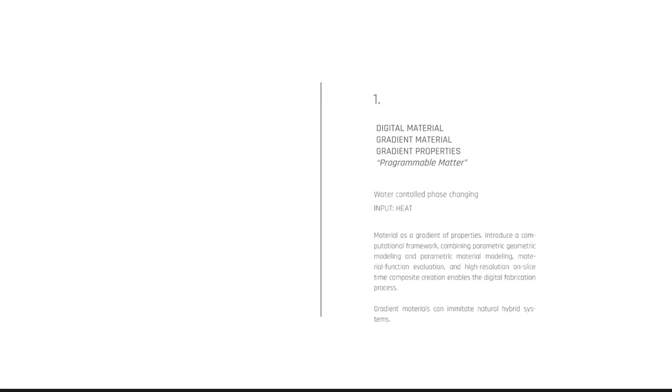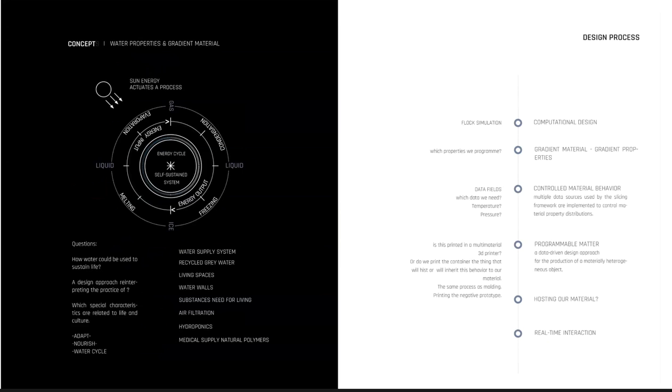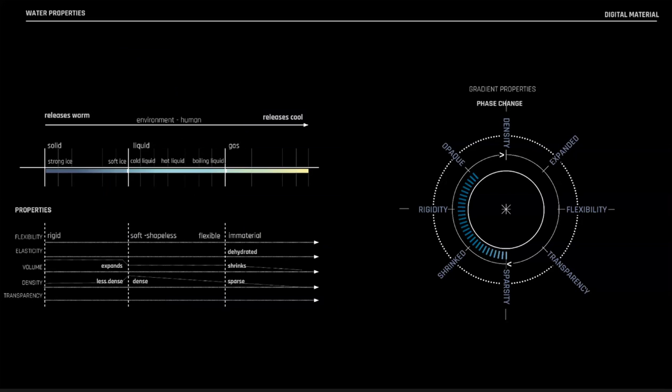So in this term, after term 2 work, we focused more on the digital material concept, and we tried to see how we could create a gradient material using water properties, using water as a base. This is a concept of how water across the phases changes its properties as a gradient.